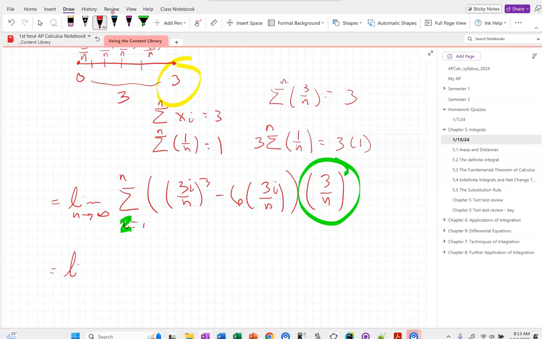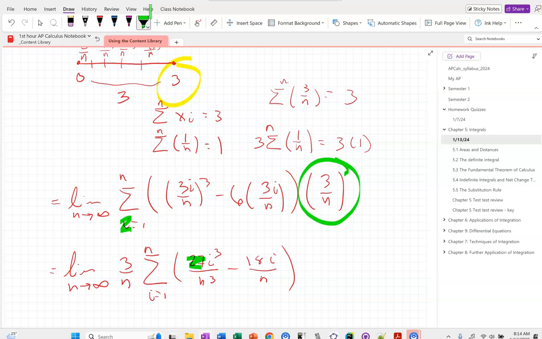So that piece can come out front of the sum. Is everybody okay with the simplifying I've done so far?